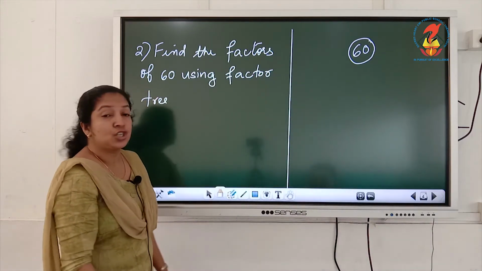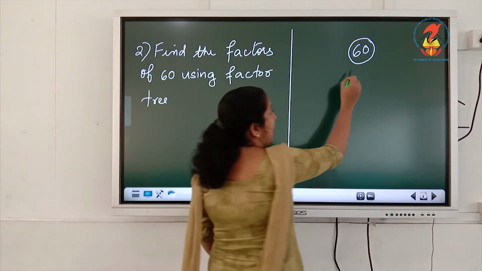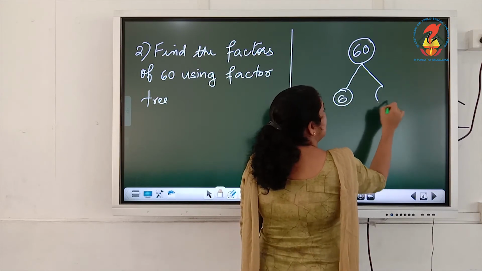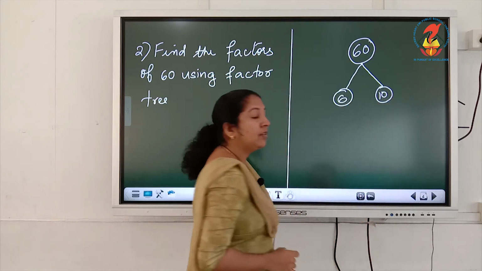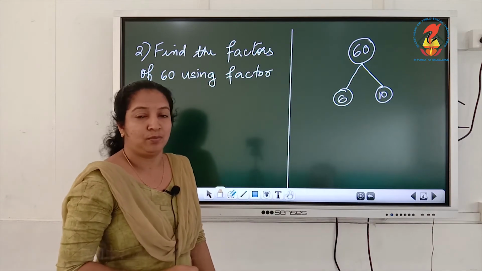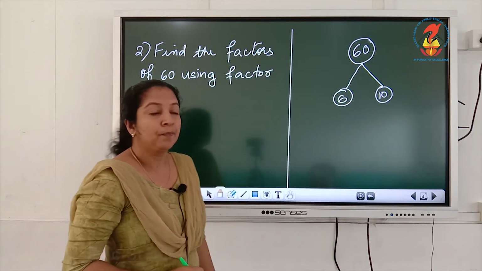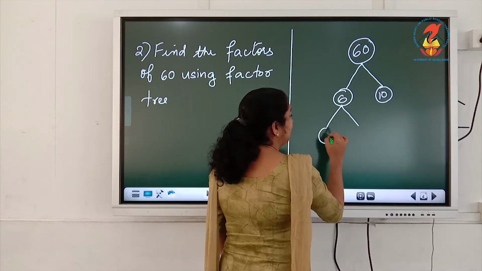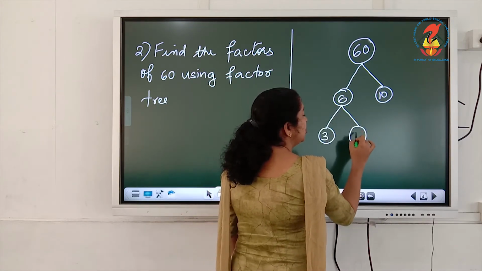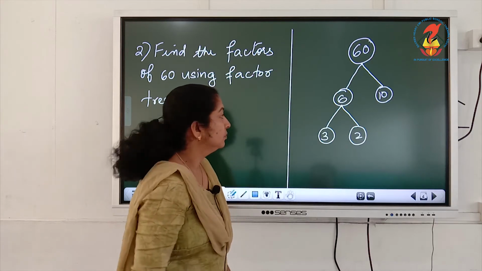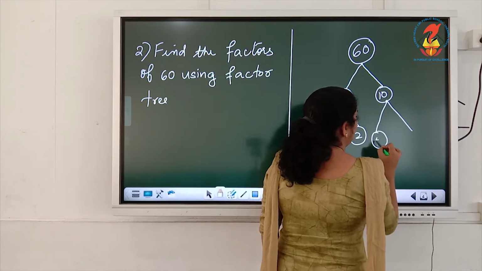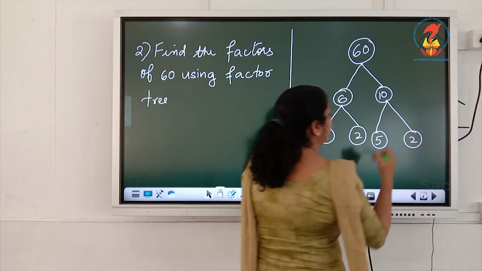Same way 60. We can write 60 as 6 into 10, or you can write it as 30 into 2. That is also possible. So we can write 6 as 3 into 2. Then 10 you can write as 5 into 2.